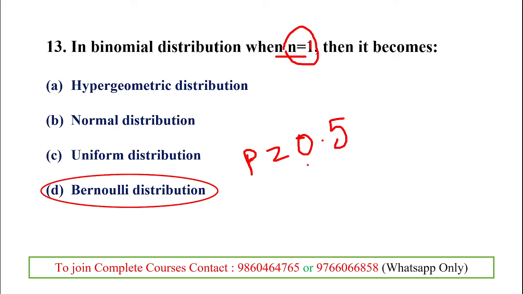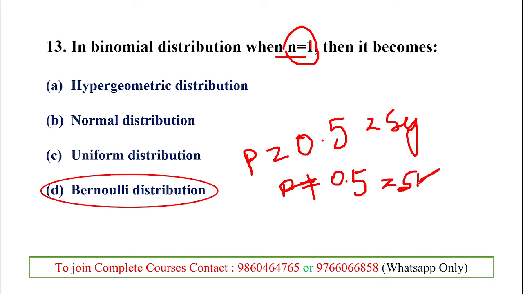So P equal to 0.5 gives a symmetrical shape, and P not equal to 0.5, less or more than 0.5, is called a skewed distribution or skewed shape.